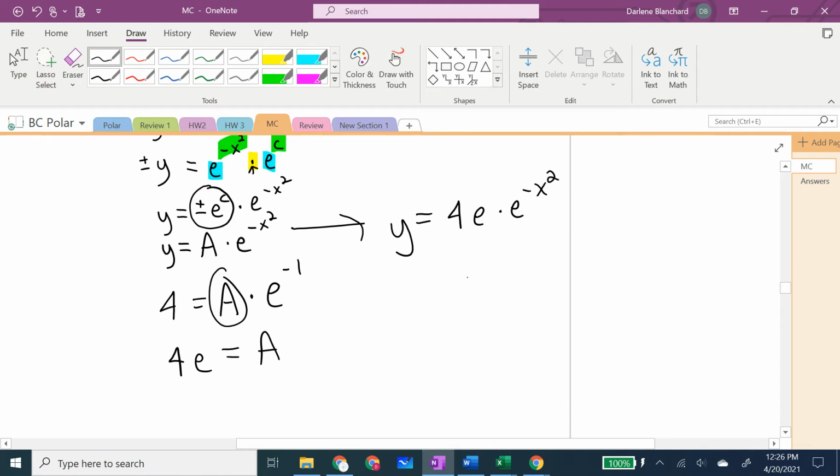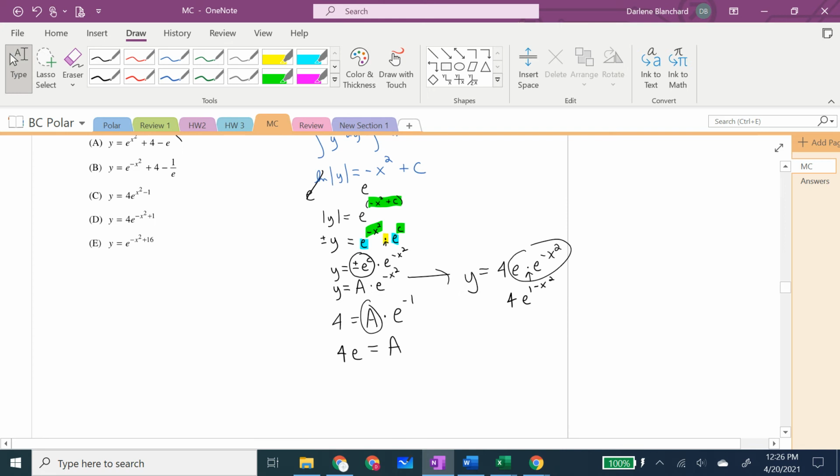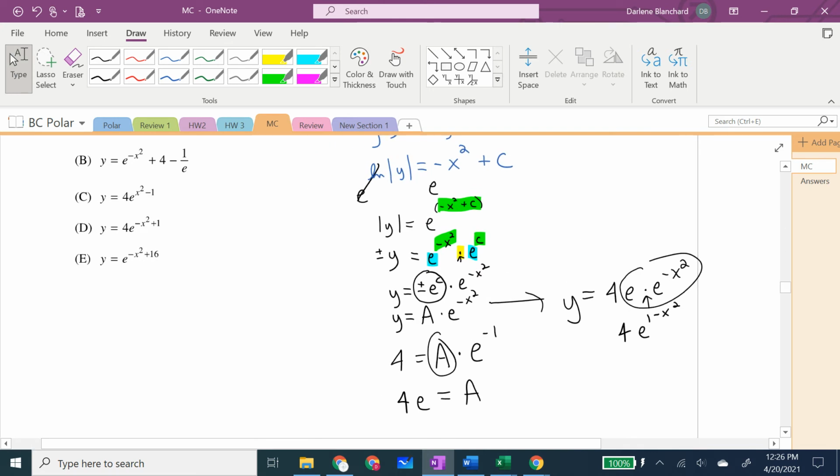And most likely, they're going to bring this together. And again, when you are multiplying with the same base, you add the exponents. Exponent 1 plus negative x squared, and it is 4 times e to the 1 minus x squared.